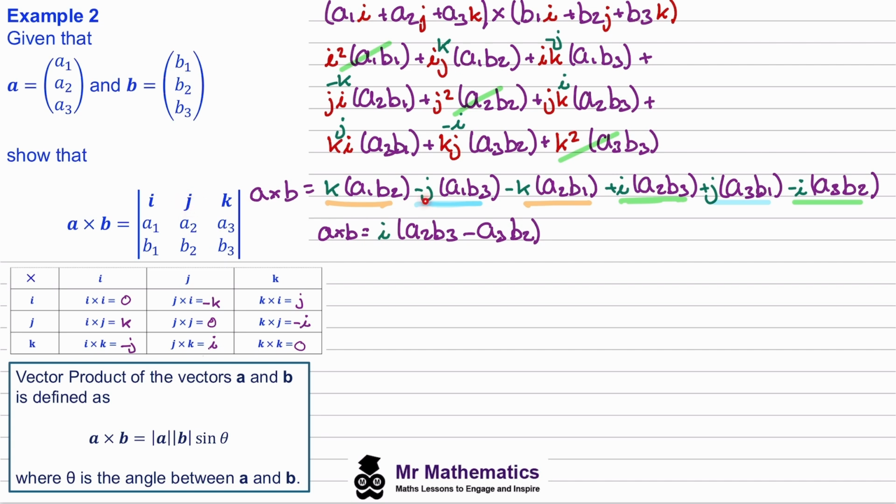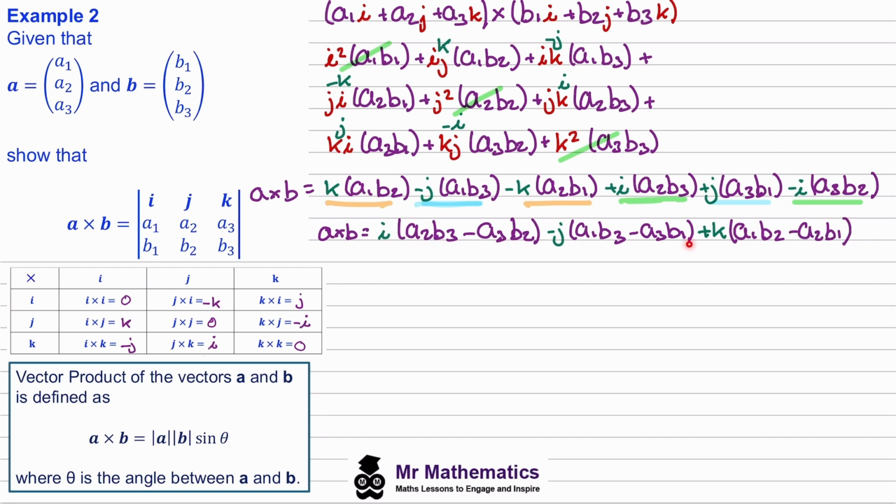So I'm going to factor out a negative j. And this will give us A1B3, which is this term here, minus A3B1. Then we'll factor out the k term, and we'll get A1B2 minus A2B1.